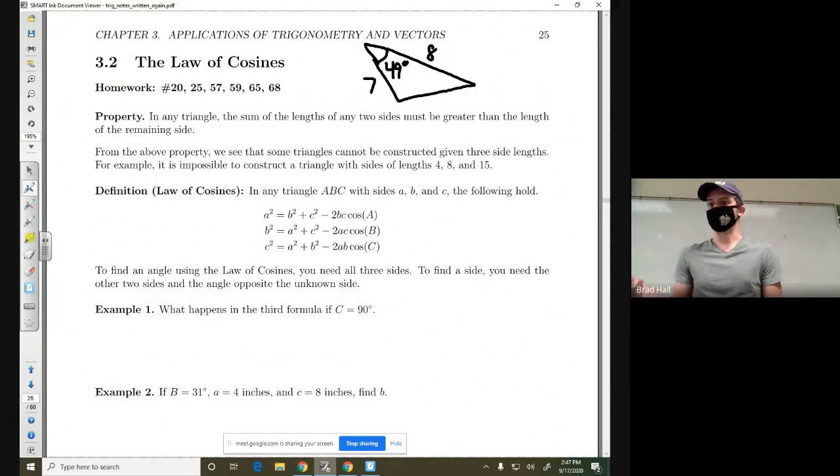So there's no completed ratios here. So law of sines wouldn't be able to help us. So what do we do? It's the law of cosines that will step in and give us some more cases for different types of information we're given for triangles.